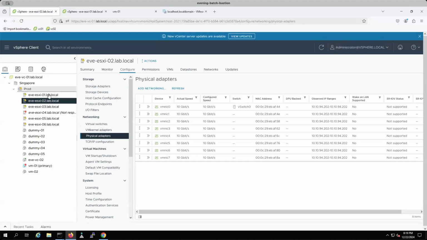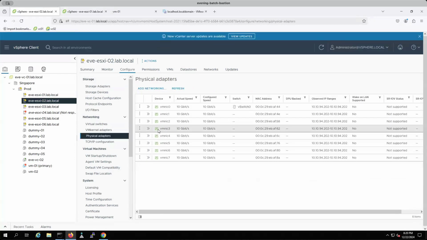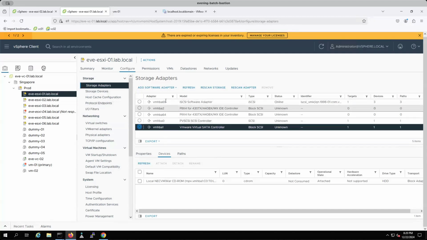Similarly, on the storage side, you would see the naming convention as VMHBA. These are a few default naming conventions that VMware has come up with, and for so many years this is how the configuration has been. You cannot rename the physical network cards from VMNIC 0, 1, 2, 3, 4, 5, 6. This is the way it will be. Similarly is the case for the storage adapters, where you will see VMHBA and the numbers.